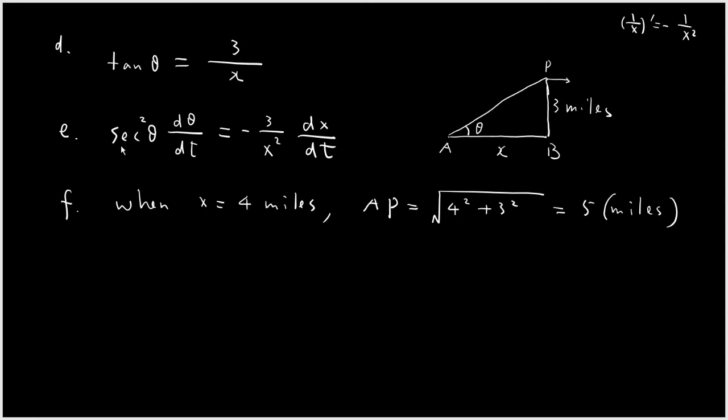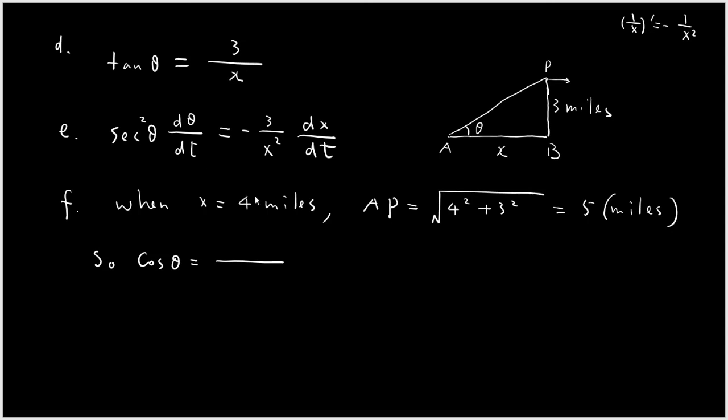Now we are ready to figure out secant of theta the whole thing squared. We'll do that a little slowly in 2 steps. You know secant of theta is 1 over cos of theta. We'll figure out cos of theta first. Cos of theta is equal to adjacent over hypotenuse.